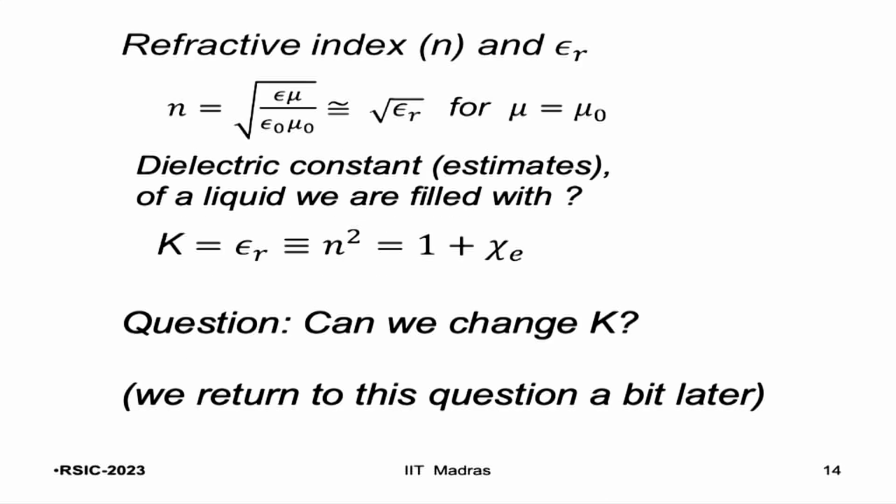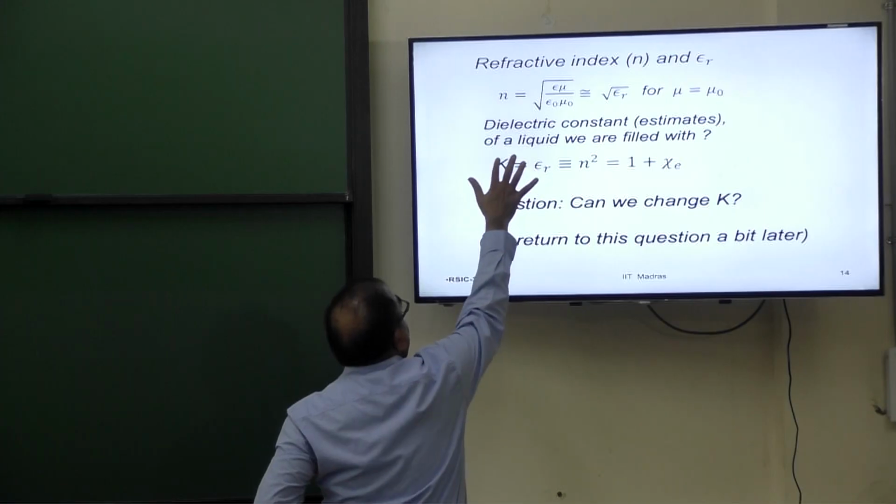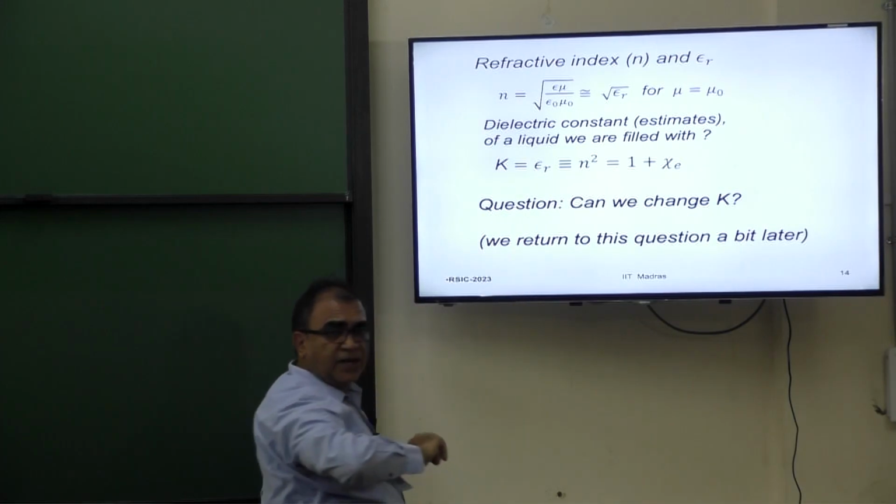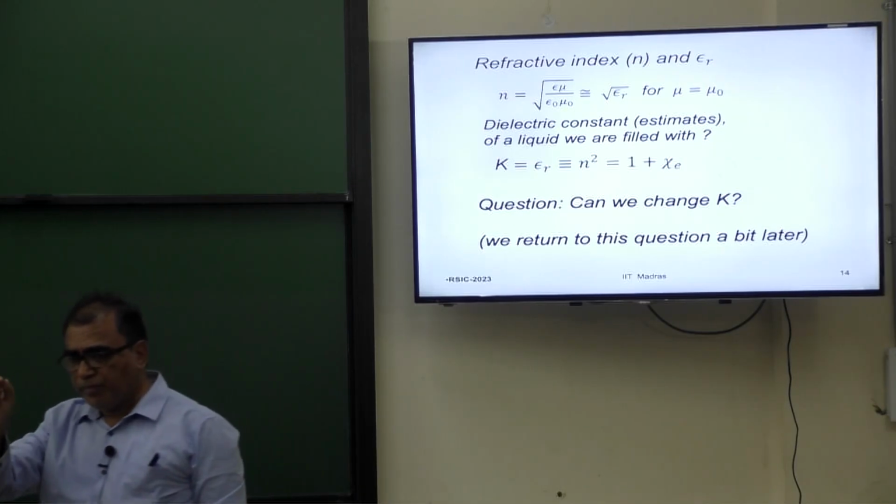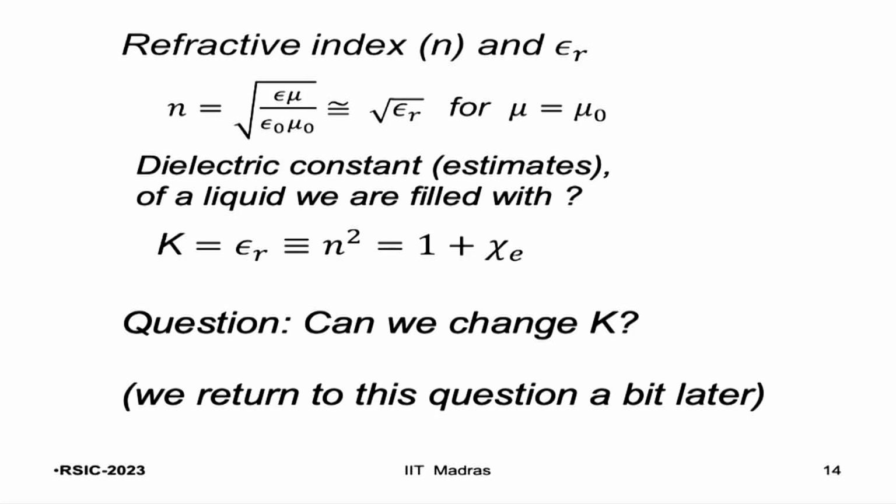Okay, so in electromagnetism, this refractive index n, which was c by n in the previous class, and the dielectric constant is actually relative permittivity, right? Epsilon r, epsilon by epsilon naught. And you know the dielectric we are made of, 75 percent.